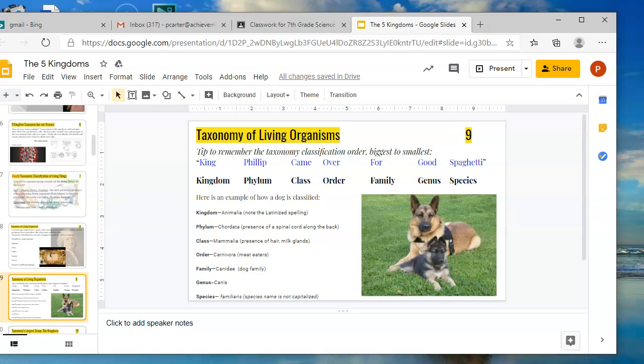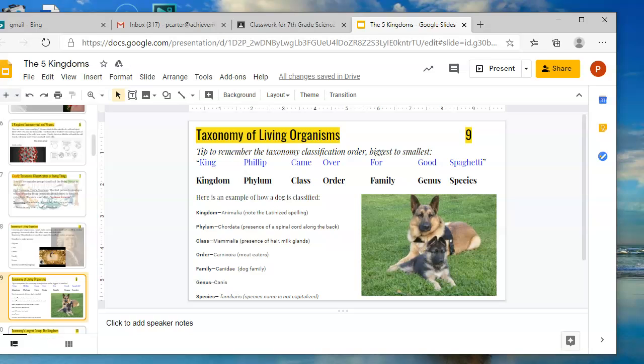Taxonomy of living organisms. Well, we have a way to remember the taxonomy classification order: King Philip came over for good spaghetti, which stands for kingdom, phylum, class, order, family, genus, species.